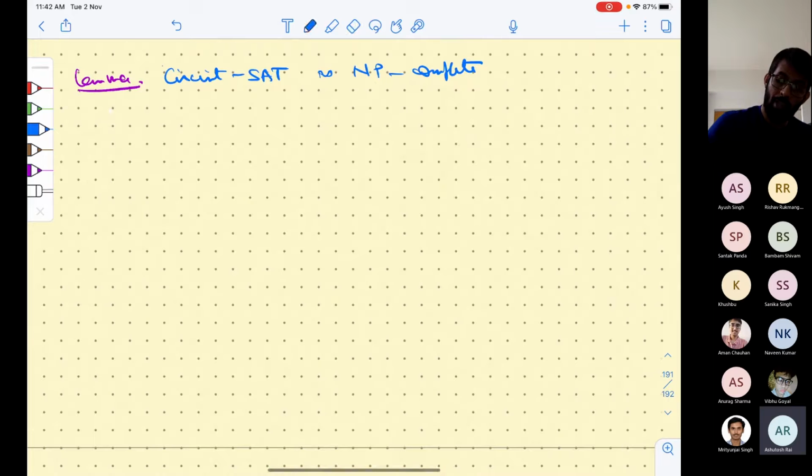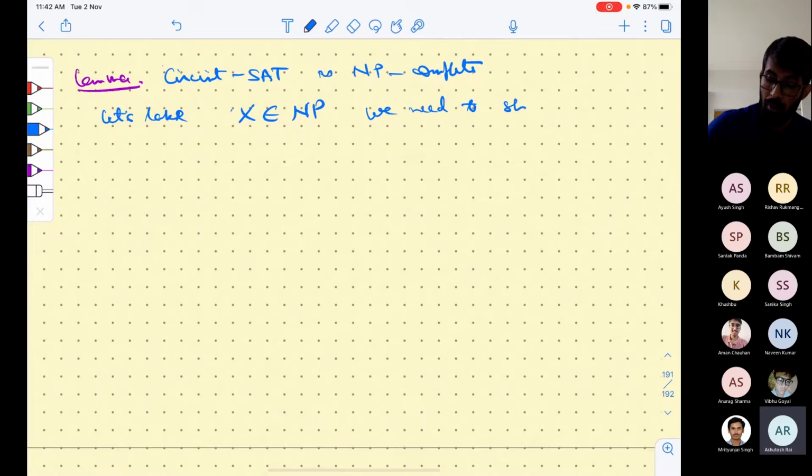Now we take some x in NP. Is there a question? Please ask. So suppose we take some random x belonging to NP, and we need to show that x reduces to circuit sat.